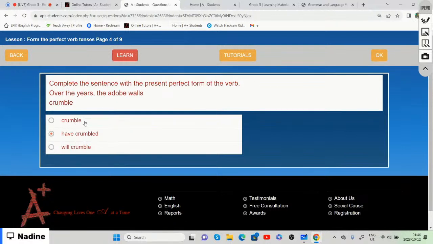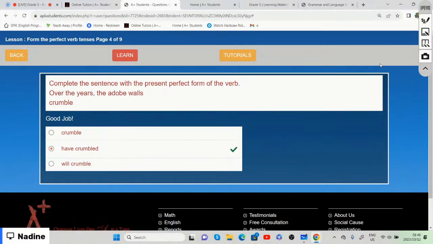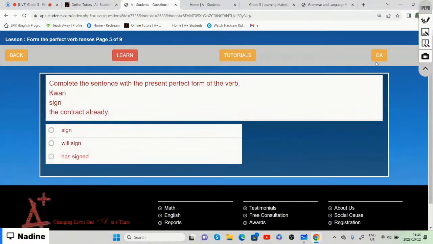So not crumble, because we are changing that form into the present perfect form of the verb. Will crumble means that it is in the future. So have crumbled is correct. So well done. It's the last one.